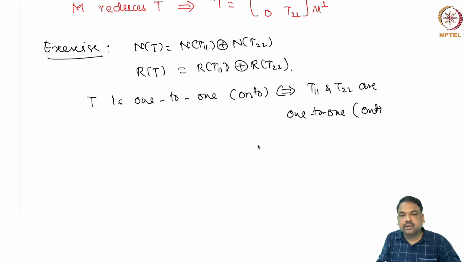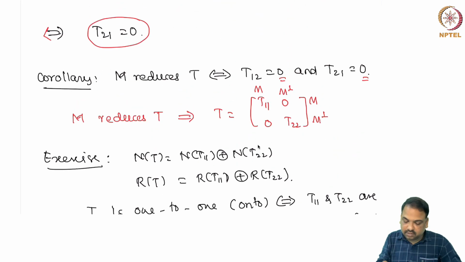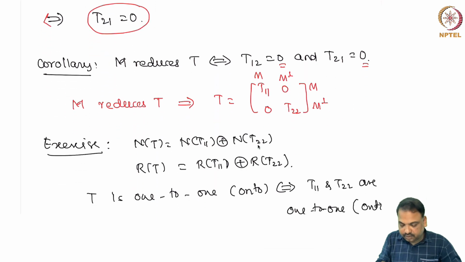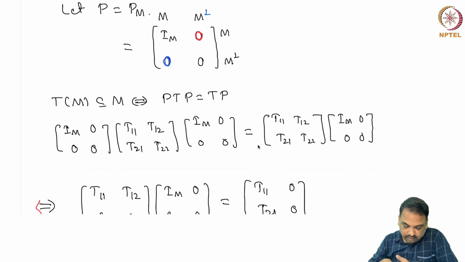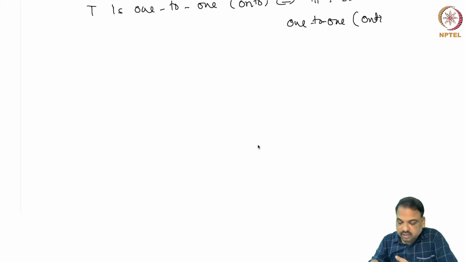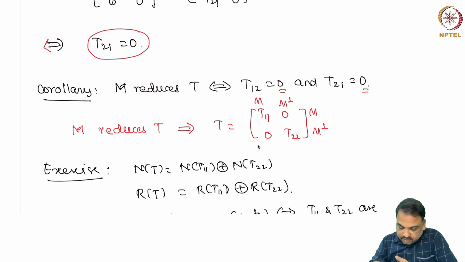And we can discuss many more such properties. That means we can look at the operator on a reducing subspace, and if you adjoin all such operators, we get the information about T. Okay, so these are a few important properties of reducing subspaces.